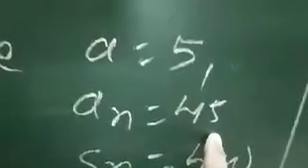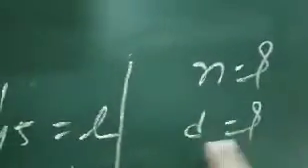And the last term is 45. It means an is equal to 45, and it is also called l. And here the sum is 400. Okay, so here Sn is equal to 400. Then we find the number of terms and the common difference.